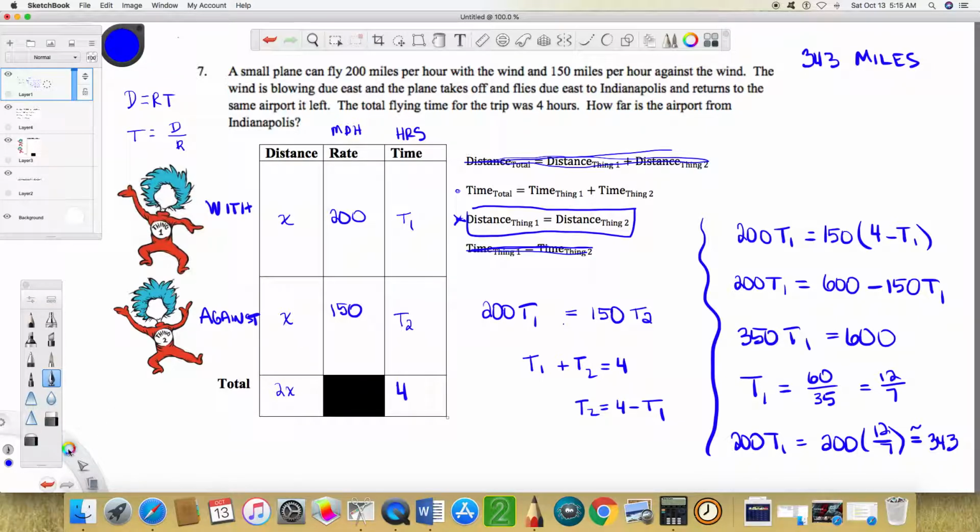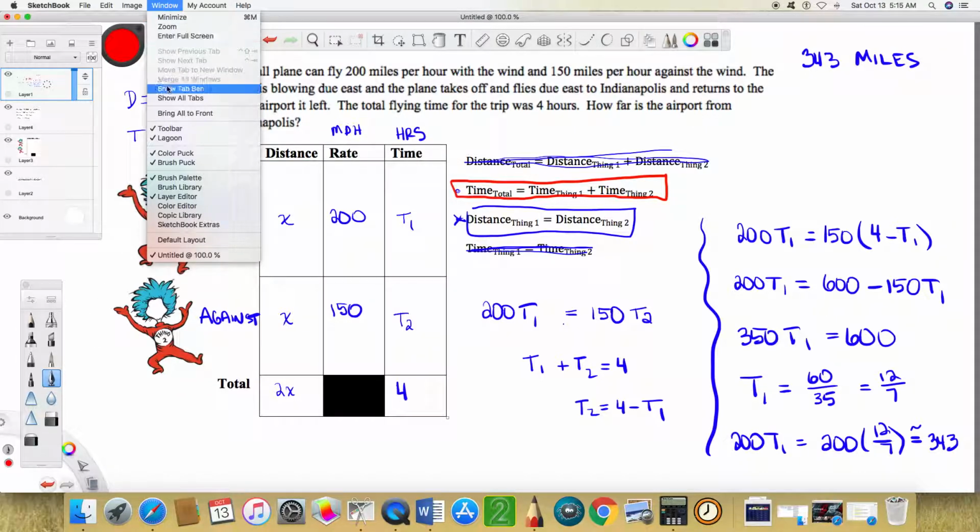Now, I want to do it again with the other equation. I want to try this total time and see if we don't get the same answer. All right, so I'm going to erase all this work, if it'll let me.